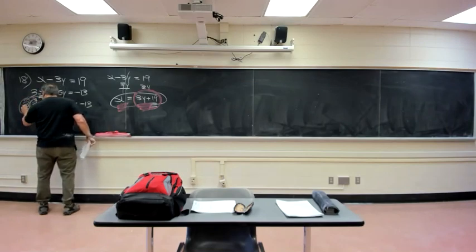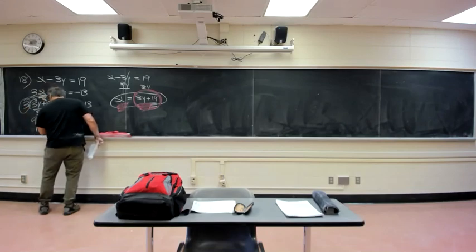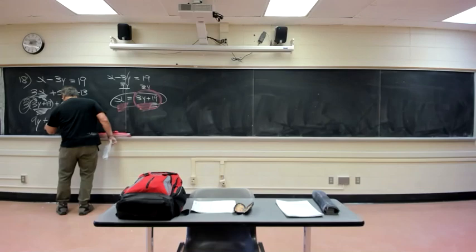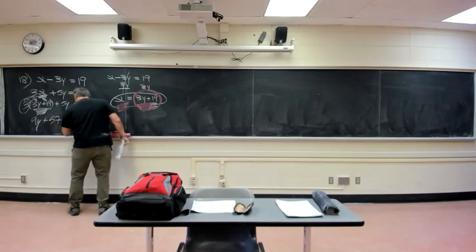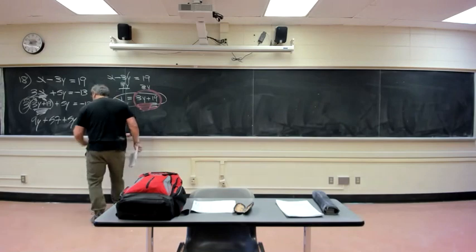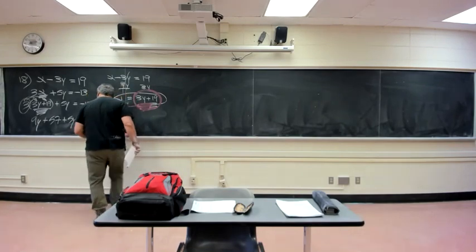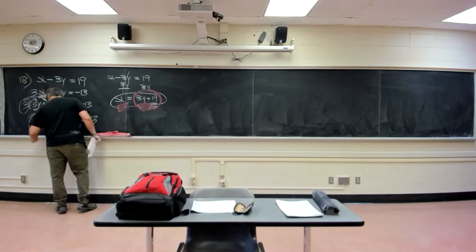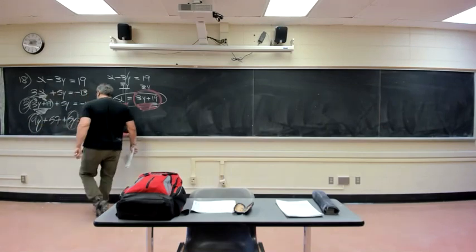3 times 3y is 9y. 3 times 19 is 57. Here's 9y, here's 5y.